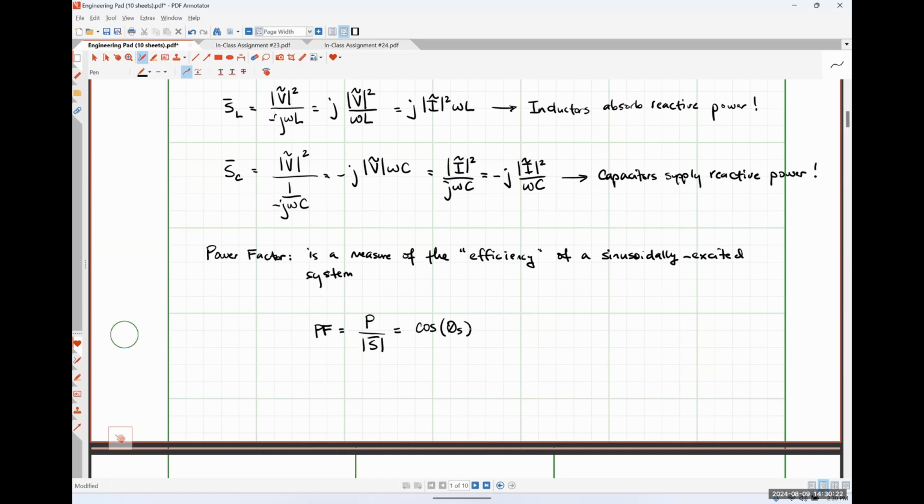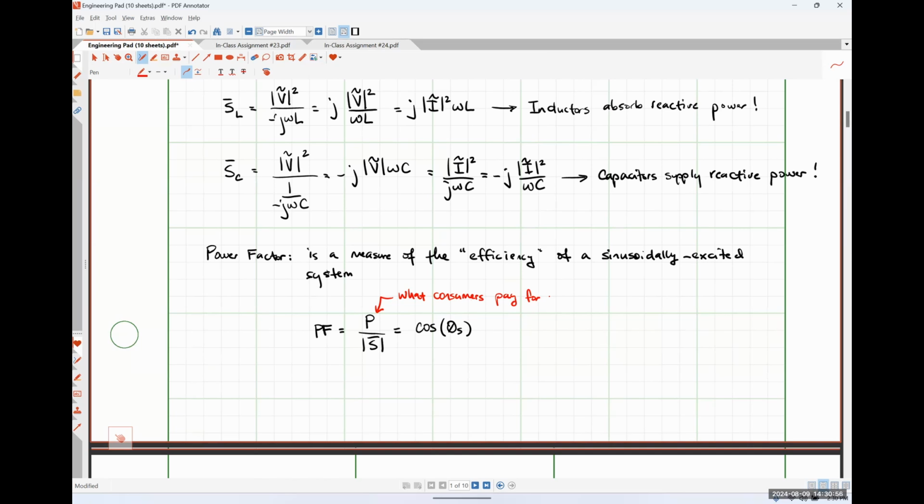All right, so let's talk about why power factor is so important, particularly in the context of the electric utility grid. Okay. So average power, P, is literally what consumers pay for.